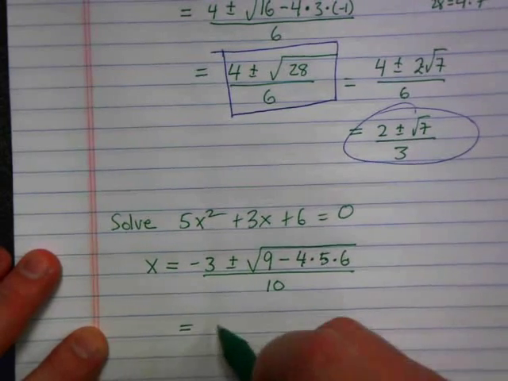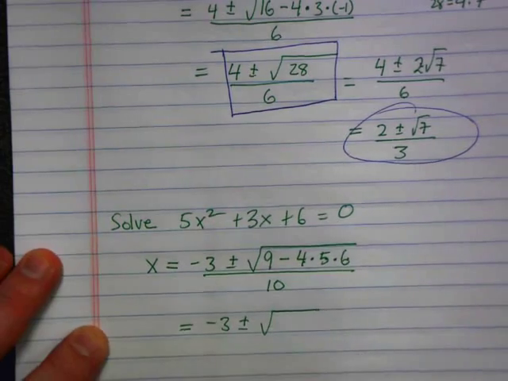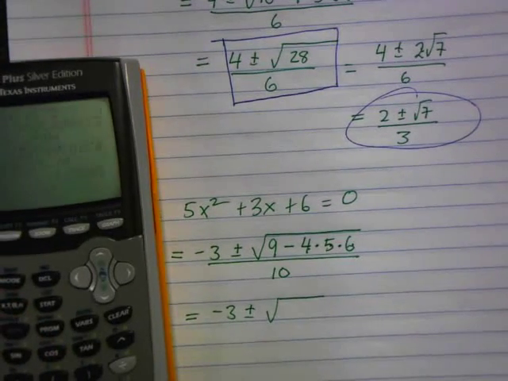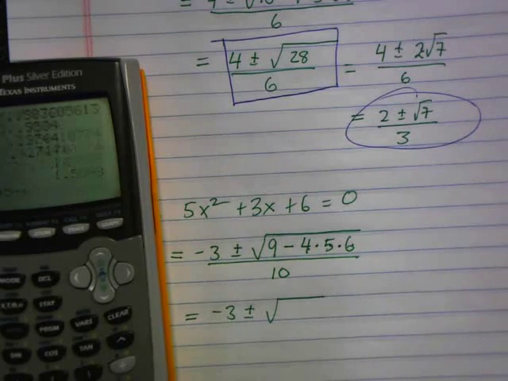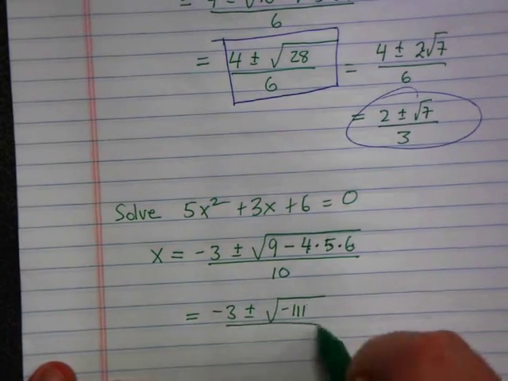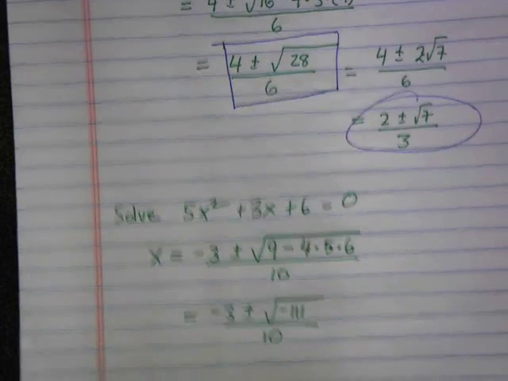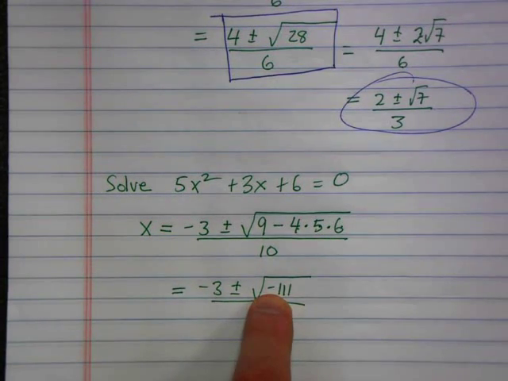All right, we simplified just a little bit. That's negative 3 plus or minus the square root of, I'm going to use my calculator here a little bit, 9 minus 4 times 5 times 6 is negative 111, over 10. And we should do one little thing. What's the one little thing we should do? We don't write negatives under square roots.